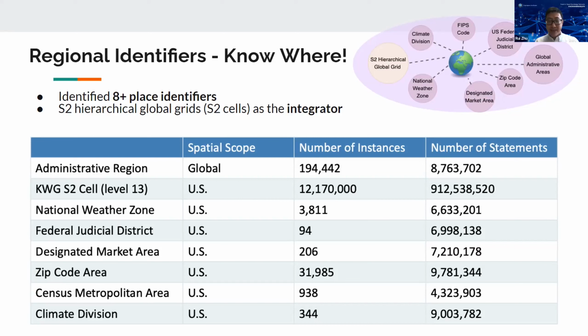And these identifiers so far include the national weather zone in the US, the federal judicial district in the US, the marketed area in the US, the zip code area, the census metropolitan area, and the climate divisions. We also use the S2 cell, which is a global hierarchical grid, to help us integrate all these different place identifiers as well. Next slide, please.